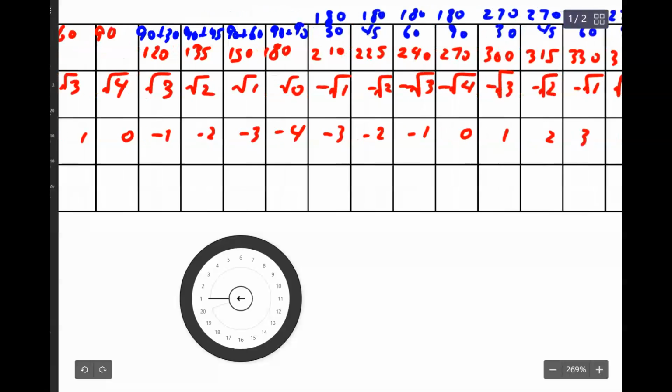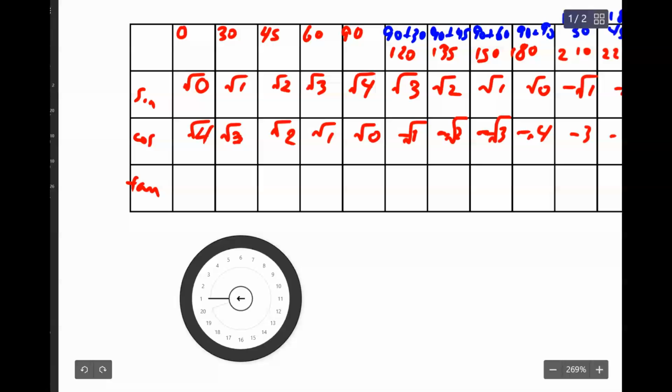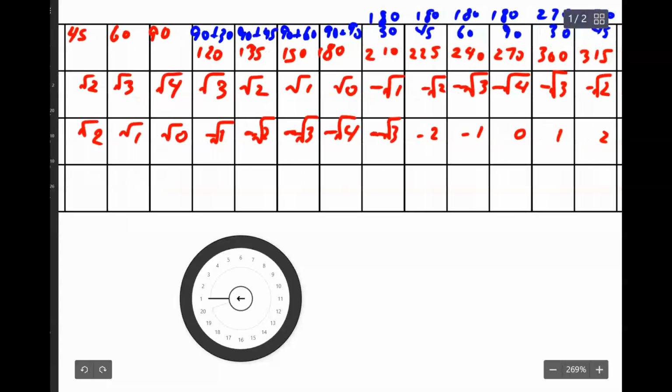You're just putting the square root around the positive number and leaving the negative on the outside. And we're going to continue doing that with the cosine values. And do you notice also that the square root sign goes over the numerator, but not the eventual denominator that we're going to write down in a minute.